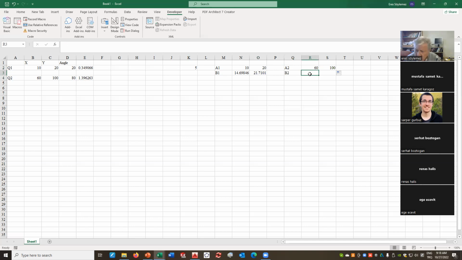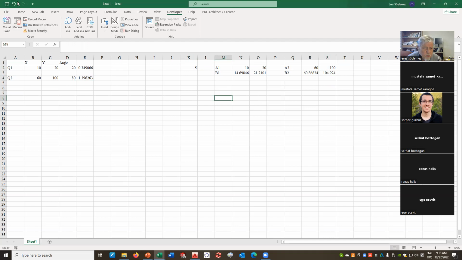B2 is 60 plus, again, 5 times cosine of the second angle, phi 2, plus 5 times sine of this angle, phi 2.